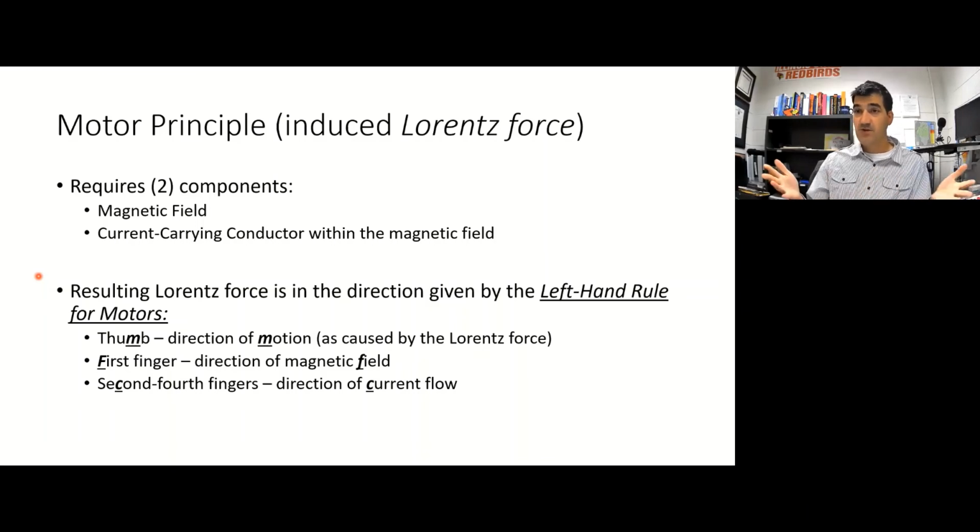And if you have those, then you will cause a Lorentz force on that wire. And if you set up your wire in a clever way, such that it can rotate around a central axis, then you will create rotation. And we can use that rotation to drive gearboxes and conveyors and electric vehicles and all kinds of other things that electric motors are used for.